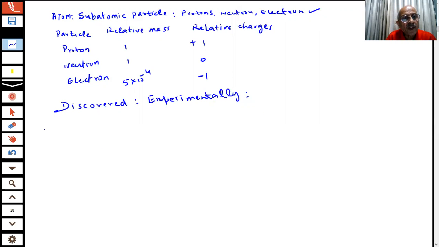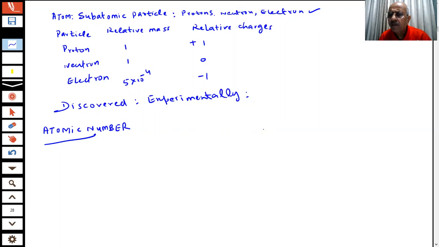What is important? We talk of atomic number in the atomic structure chapter. What is atomic number, students? I said, go and see the periodic table. You see 118 elements. Their names are given.